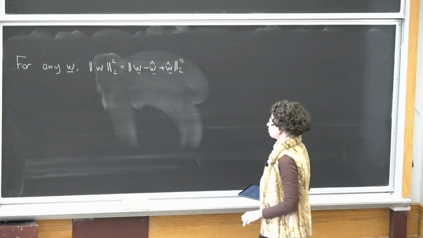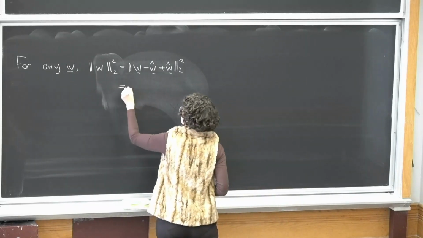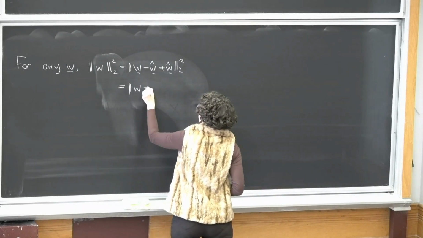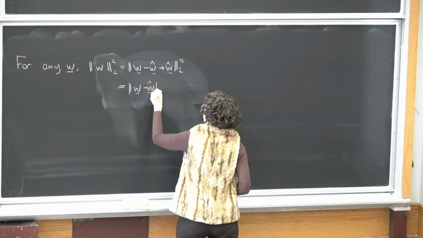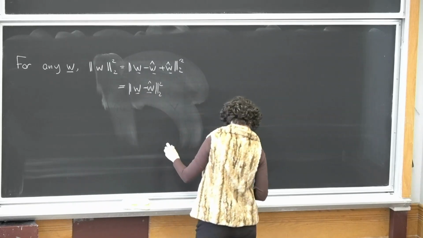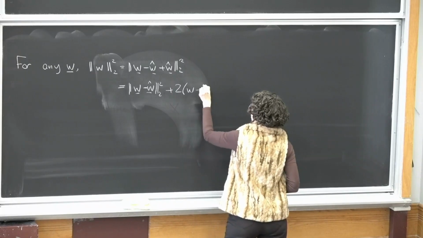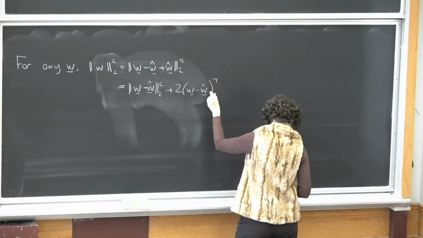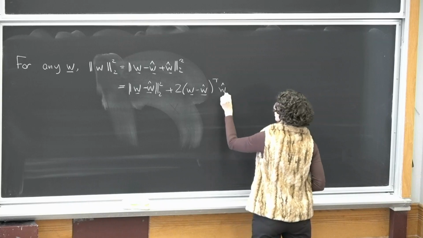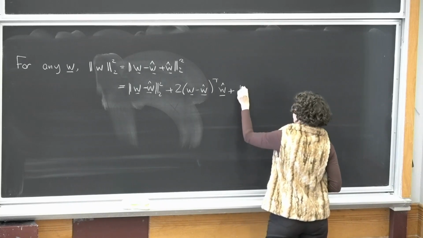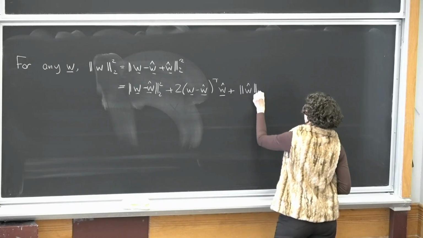Now I'm going to split this up, and say this is equal to w minus w hat, 2 norm squared, plus 2 w minus w hat transpose w hat, plus the 2 norm of w hat squared.